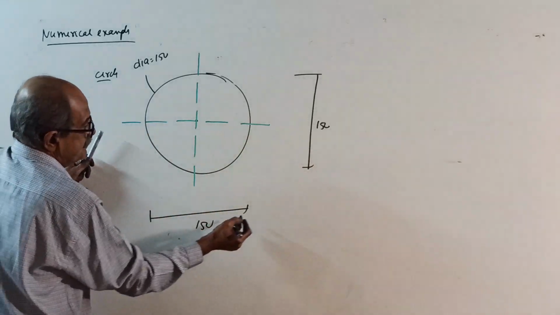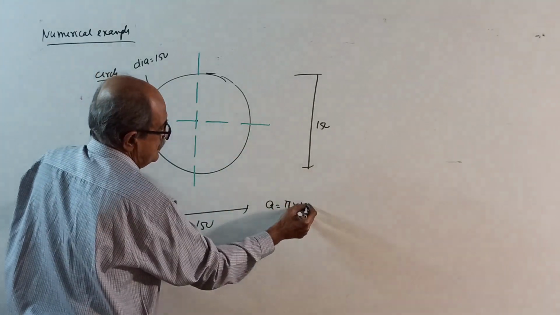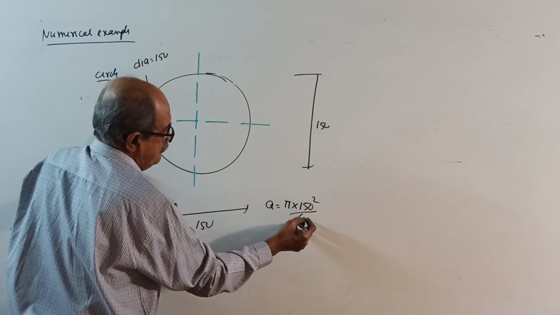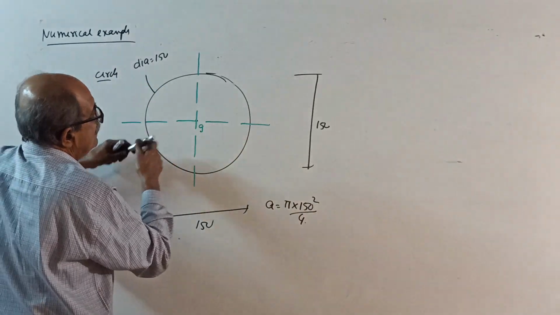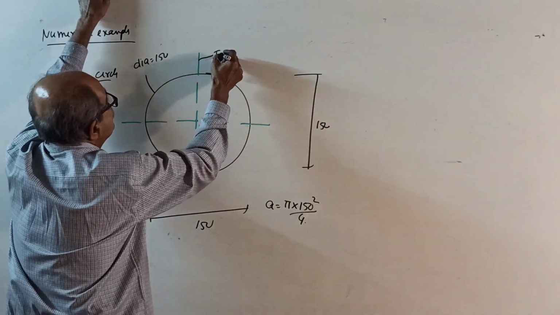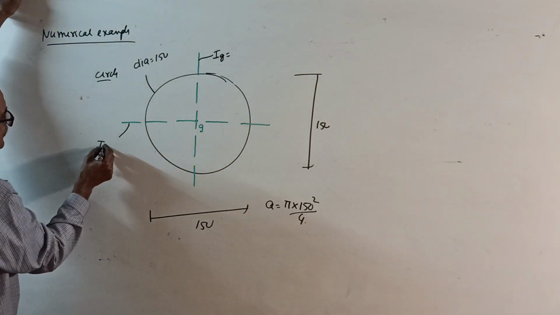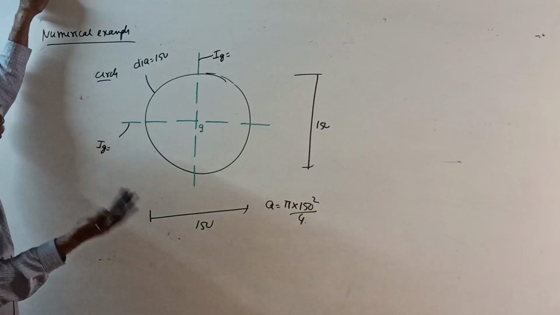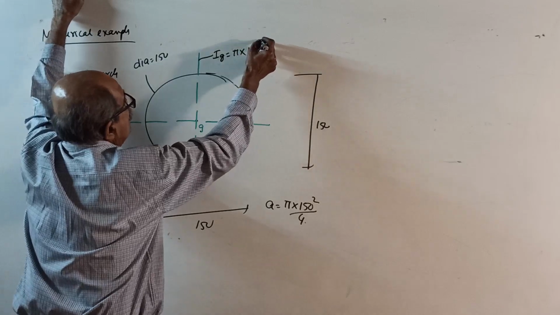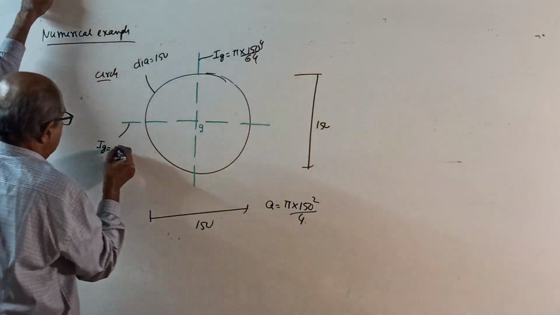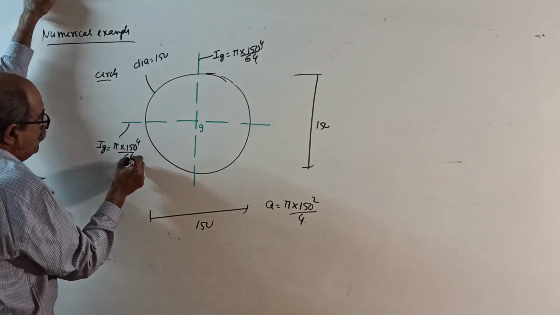Now the area equals pi into diameter squared, 150 squared, divided by 4. This is the centroid G. You want I about this axis, this IG. I will change the color now. This IG, for a circle, both IGs are pi into diameter power 4 by 64.